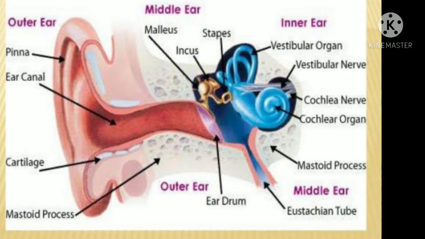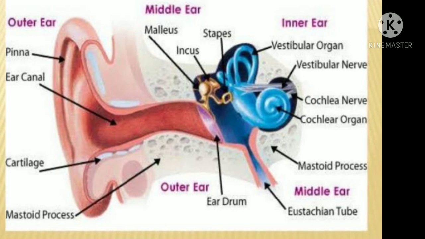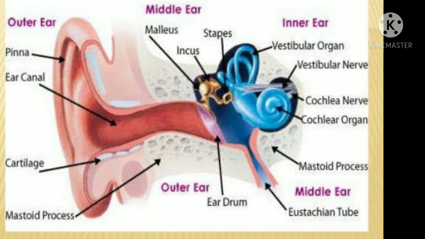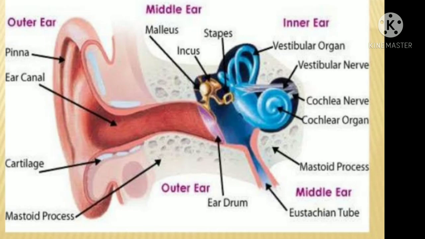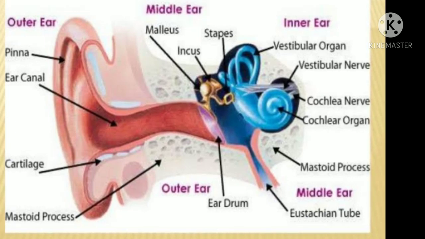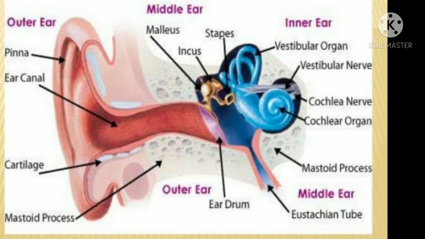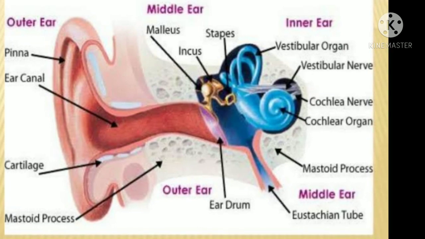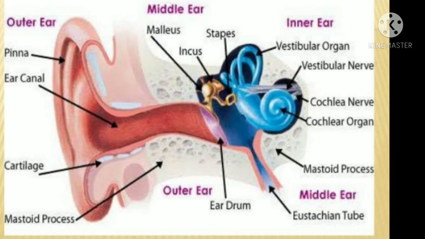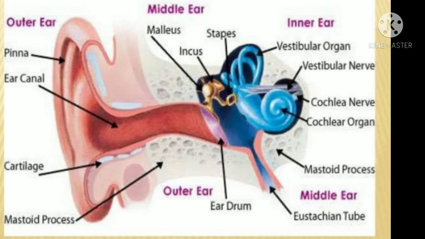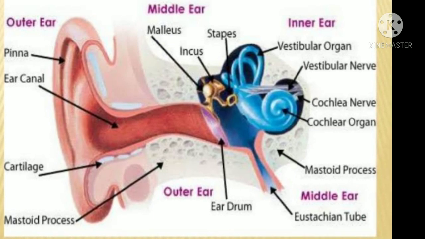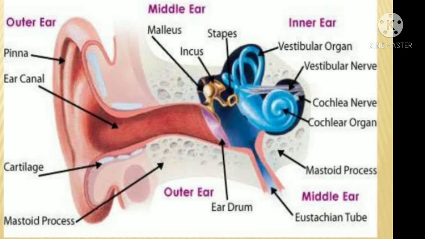So now we will discuss the parts of the ear. As you can see in the image, there are different parts of the ear which are shown very clearly. Now we're going to discuss it one by one. The outer ear consists of pinna, ear canal, cartilage, mastoid process, and eardrum.